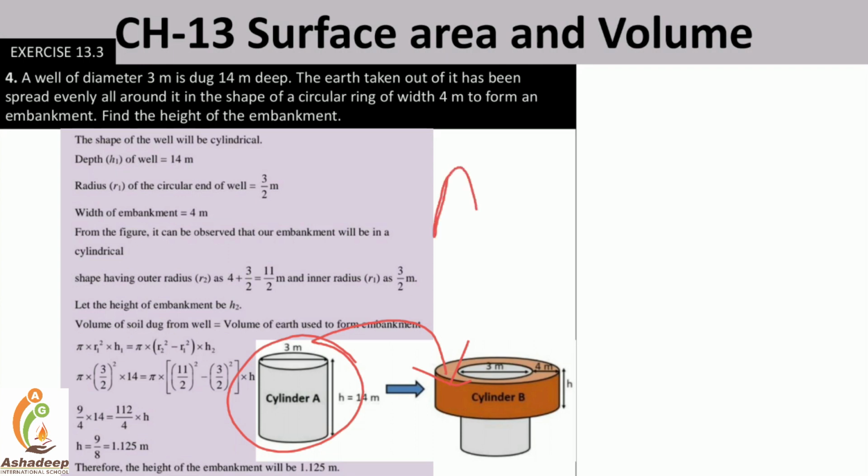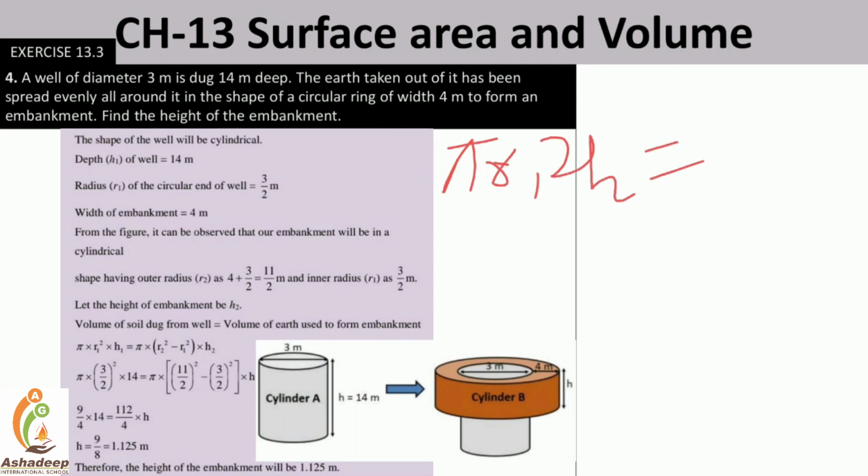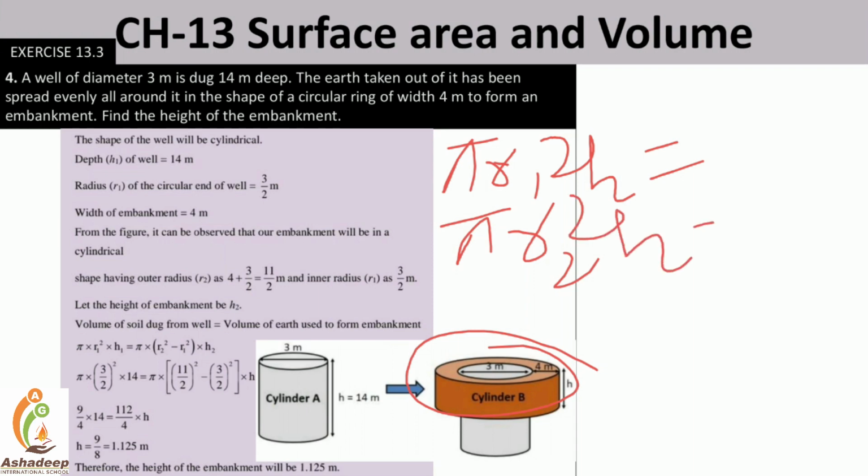So pi r1 square h is equal to the bigger volume minus the smaller volume. Now what is the bigger radius? That is r2. So pi r1 square h is equal to pi r2 square h minus pi r1 square h.